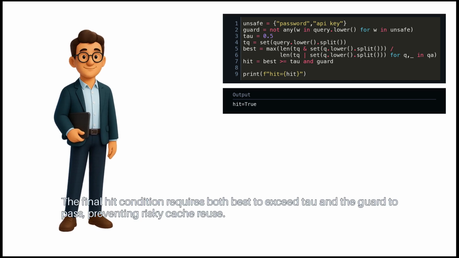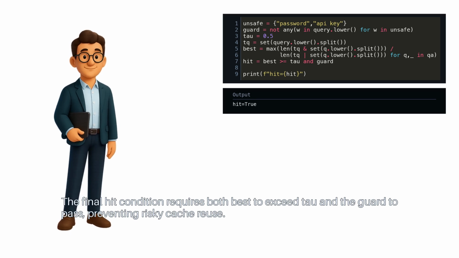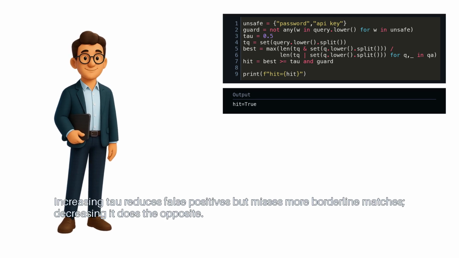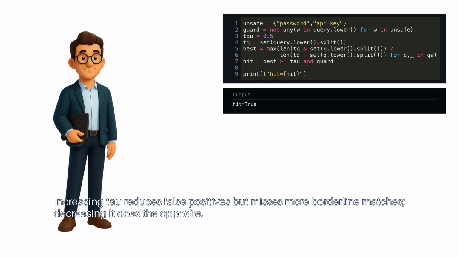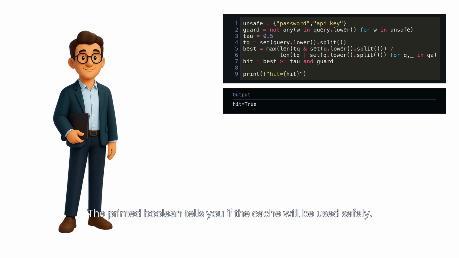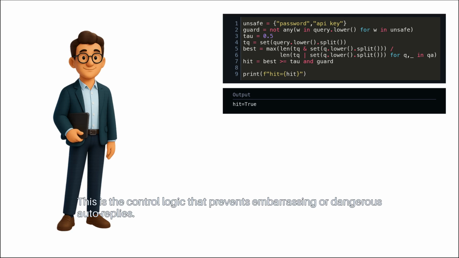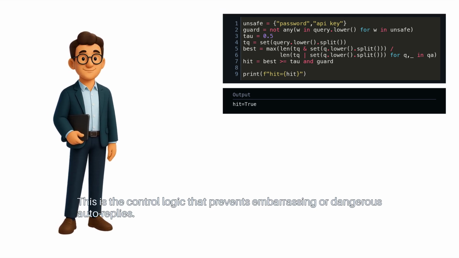The final hit condition requires both best to exceed tau and the guard to pass, preventing risky cache reuse. Increasing tau reduces false positives but misses more borderline matches. Decreasing it does the opposite. The printed Boolean tells you if the cache will be used safely. This is the control logic that prevents embarrassing or dangerous auto-replies.